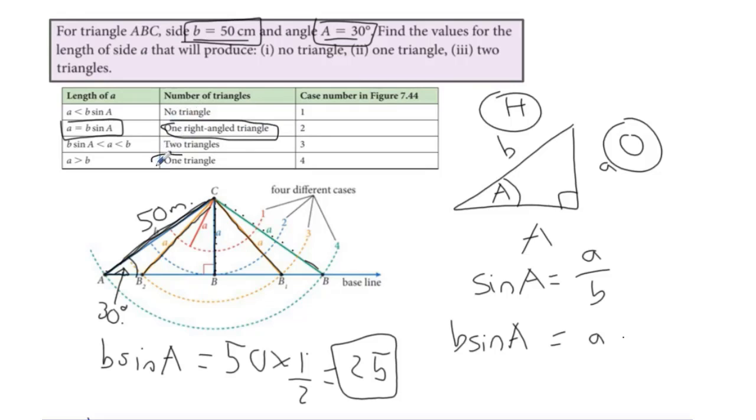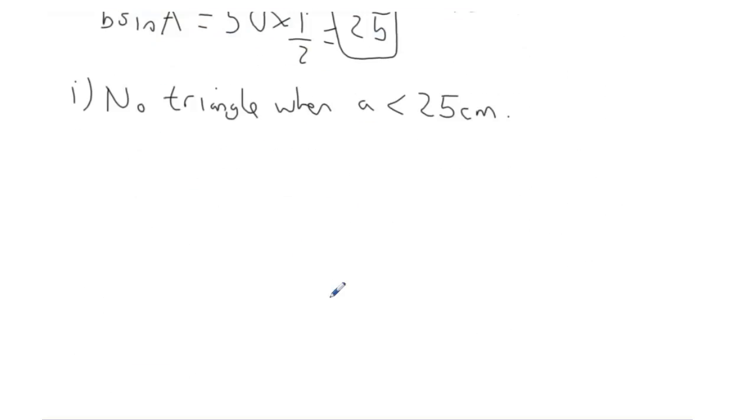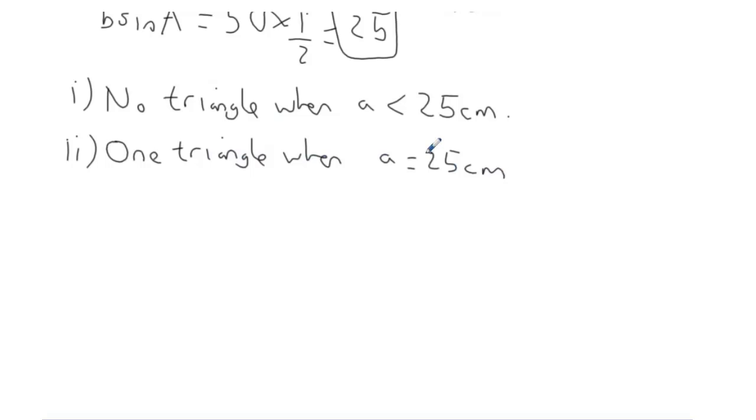Or we get one triangle when A is greater than B, the green line, so it needs to be greater than 50 centimeters.